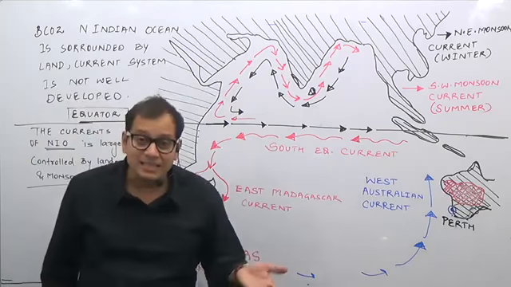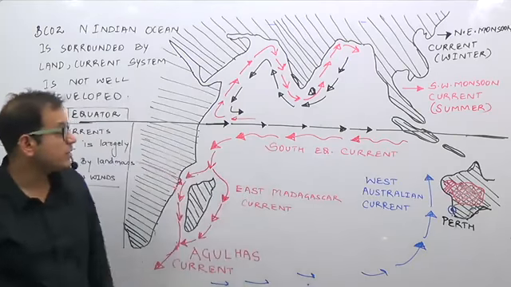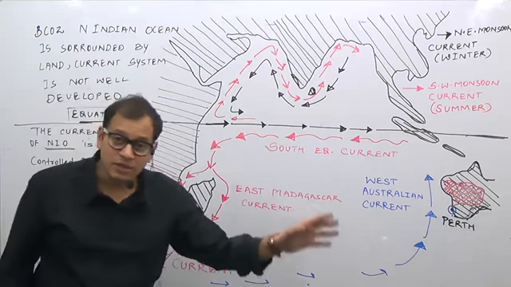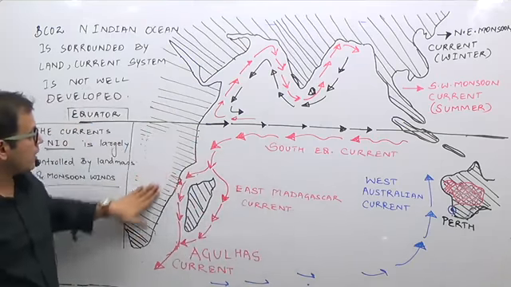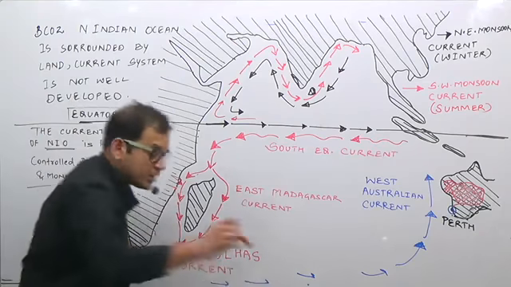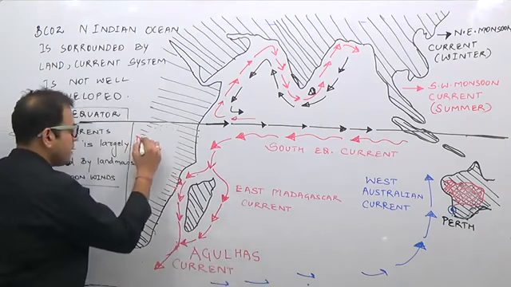While in the southern hemisphere there is the South Equatorial Current. This South Equatorial Current then continues as the Mozambique Current, which flows through the Mozambique Channel.